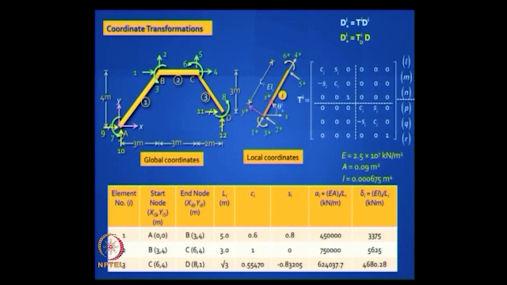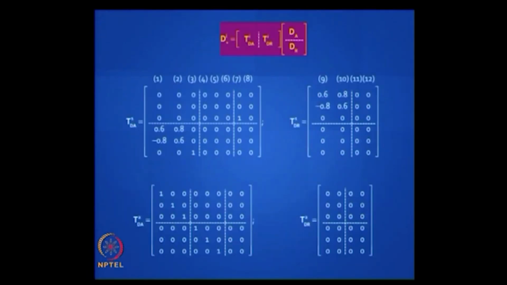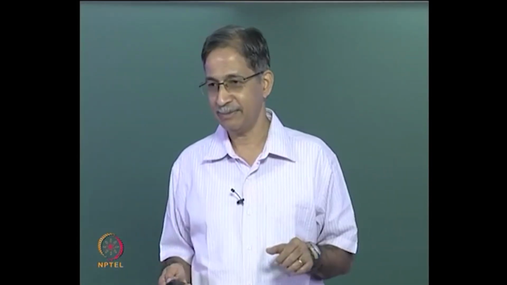So basically you have to use these transformation matrices and fill up at the appropriate column. You see the tail end gets filled in element 1 and the start end gets filled in element 2. It is only 1. Is it clear? I hope you know how to fill this up. This is actually similar to what you would get if you did the TI formulation, except that you have to keep track.